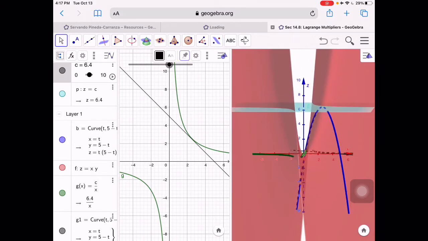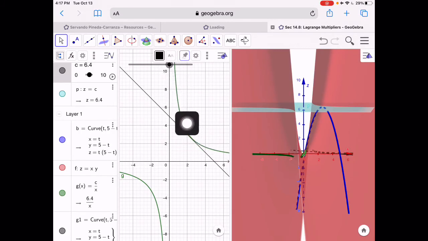So at the very tip of my blue curve, I have maximal area, and that corresponds to points that lie on my constraint curve. And that happens when the constraint curve is tangent to the level curve of the function I'm trying to optimize, my area function.